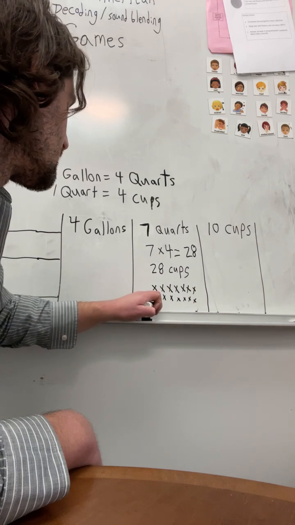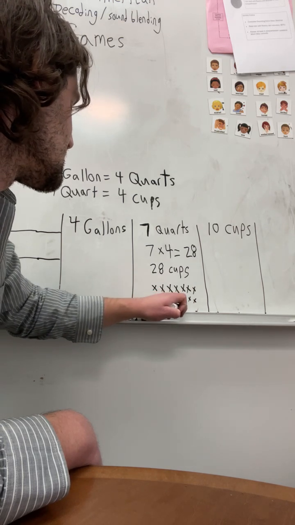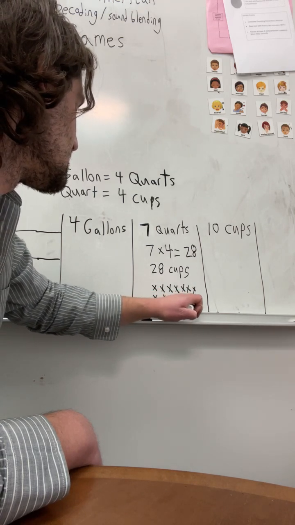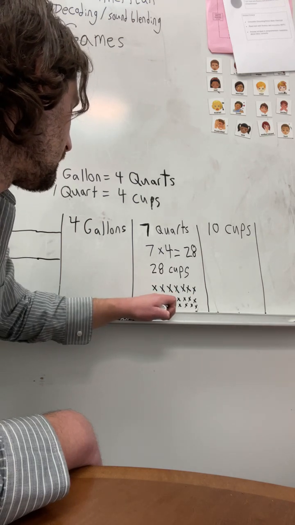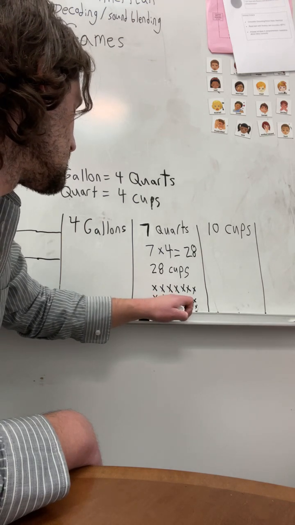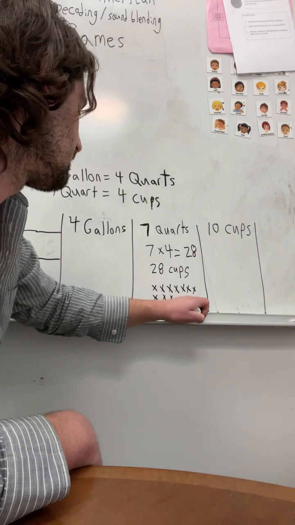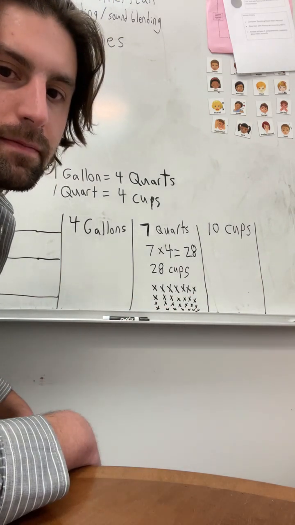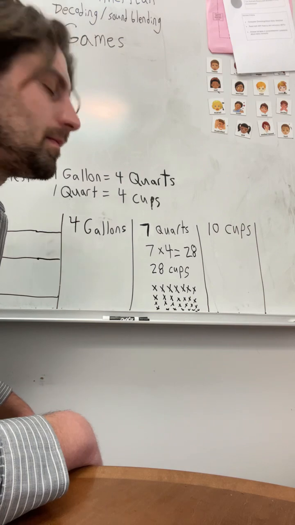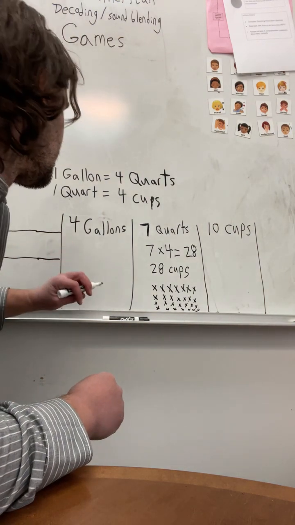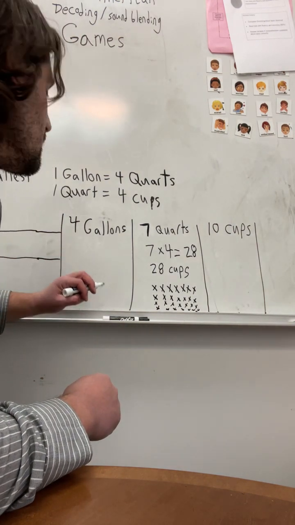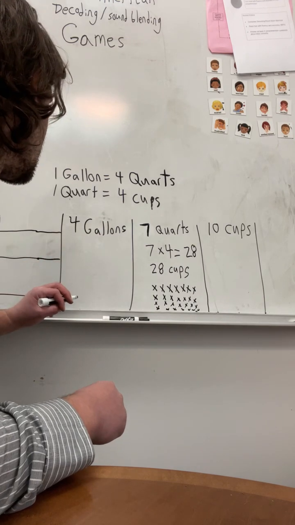You make 4 rows of 7 x's, and then you count the total number of x's. All right. So 7 quarts is equal to 28 cups.